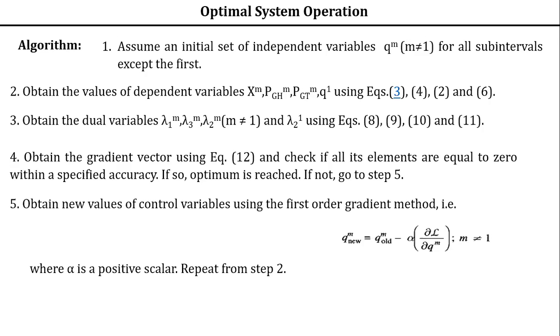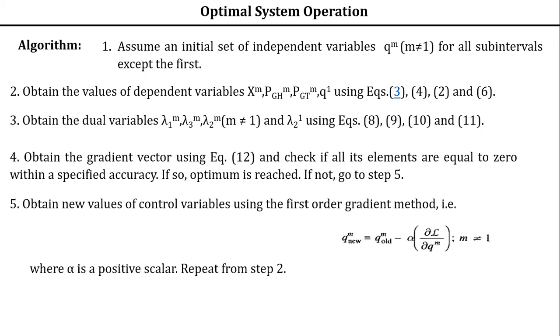Then take the Kuhn-Tucker conditions: partial derivatives equated to 0 with respect to the dependent variables Pgt, Pgh, X, and in addition the water discharge rate Q1. With respect to these four variables you take partial derivatives of the Lagrangian, and from the resultant equations you find the dependent variable values and the dual variable values.